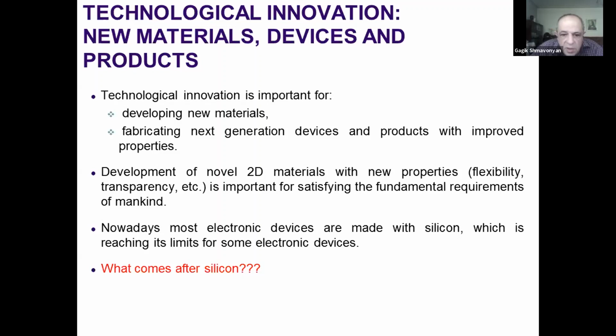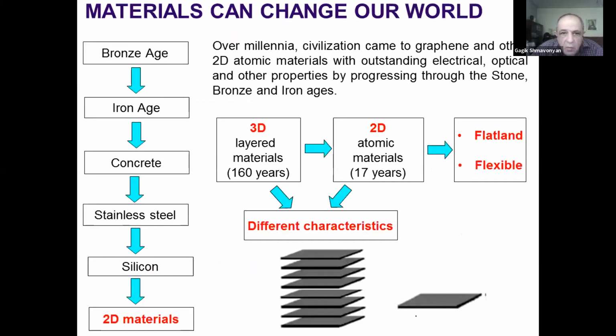Nowadays, most electronic devices are made with silicon, but what comes after silicon? Over millennia, civilization came to graphene and other two-dimensional materials with outstanding electrical, optical, and other properties by progressing through stone, bronze, and iron ages.